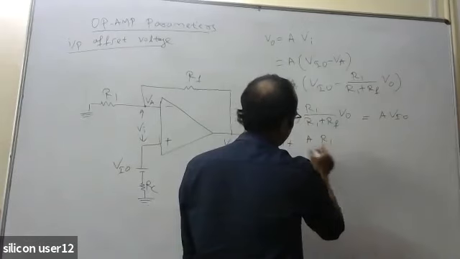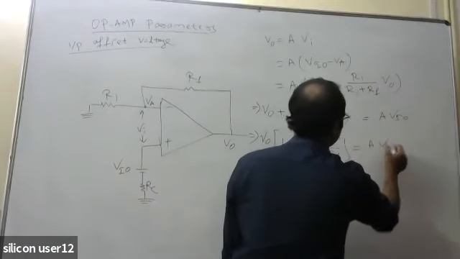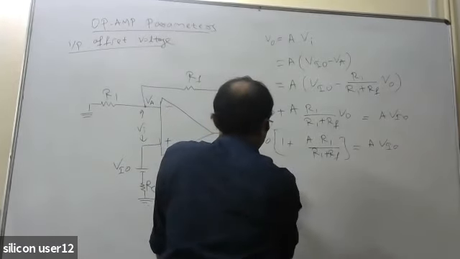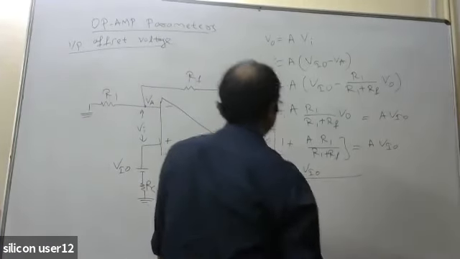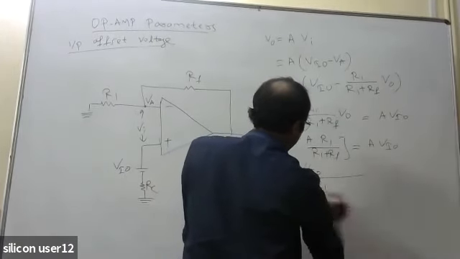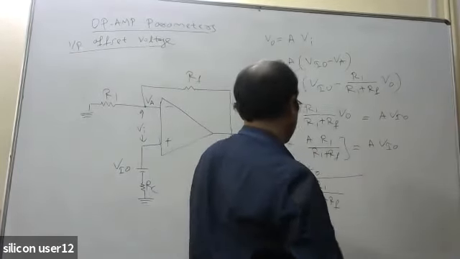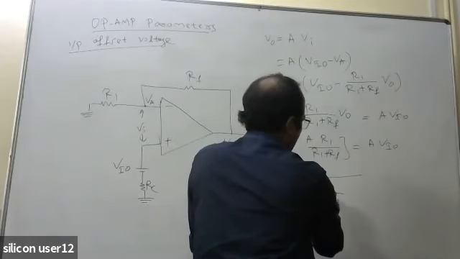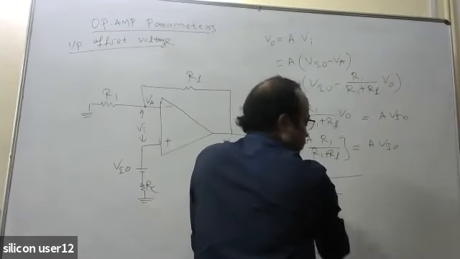Please take V0 common: V0 into 1 plus A R1 by R1 plus RF equals A VIO. Or V0 equals A VIO by 1 plus A R1 by R1 plus RF. Normally this part, A into R1 by R1 plus RF, is much greater than 1, so we can neglect 1 in comparison to it.